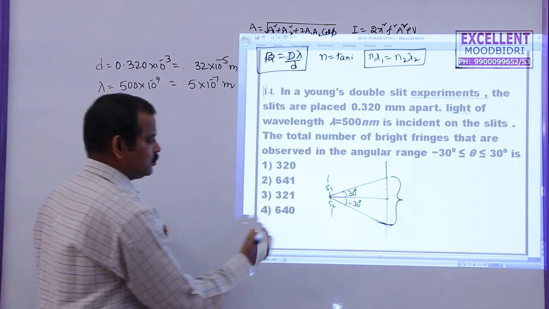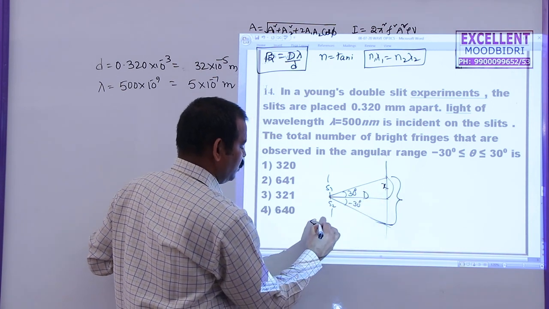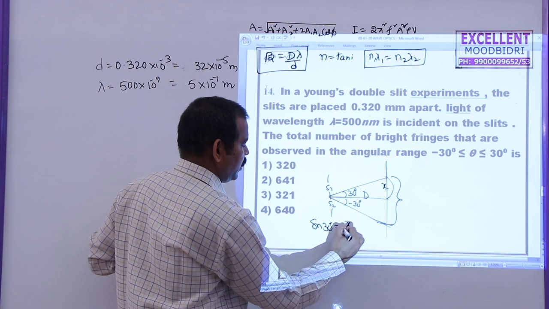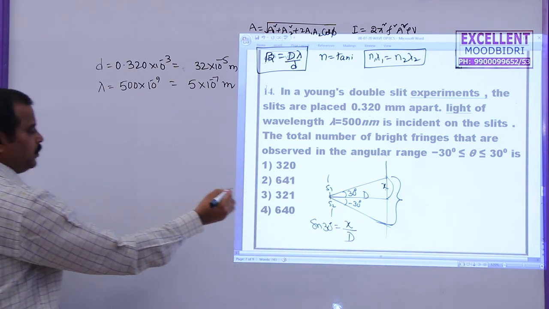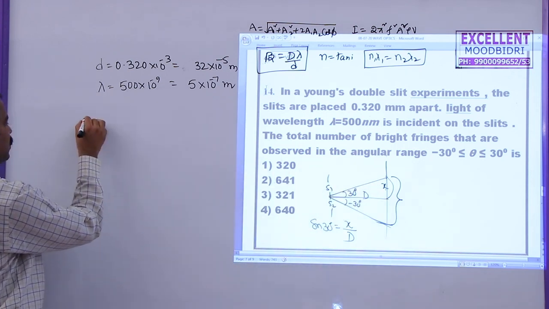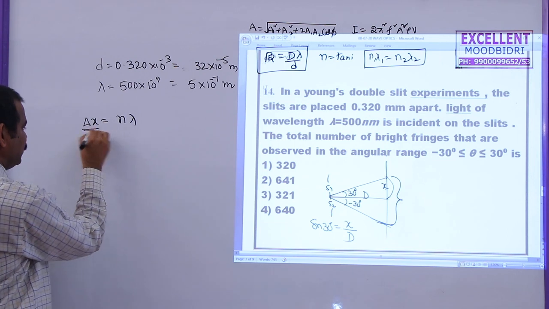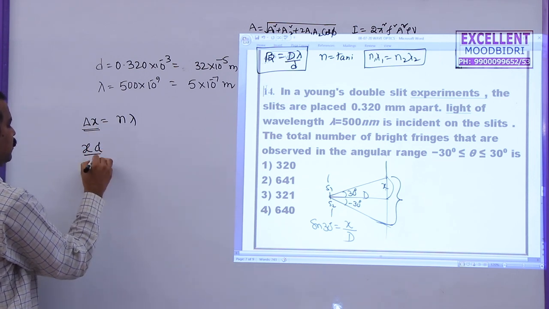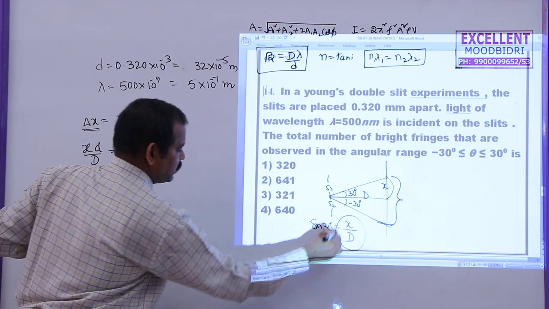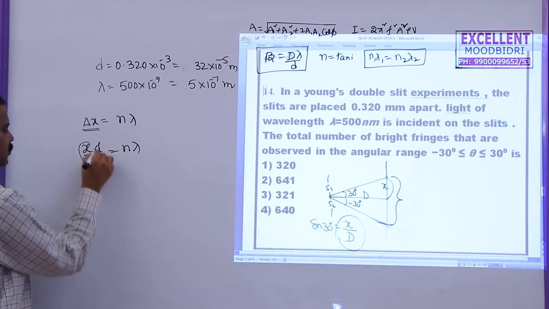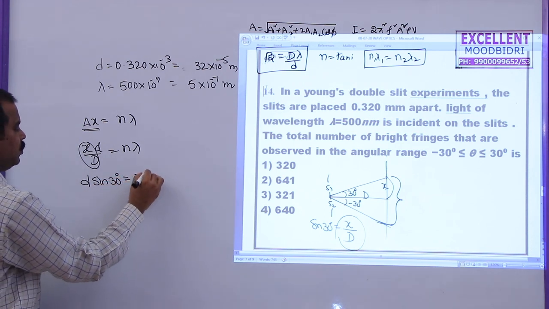Now to find this out, let this distance be x and this capital D. We know sin 30 is equal to x by capital D. What is the path difference for the bright fringes to be formed here? We know delta x is equal to n lambda. What is delta x? x small d by capital D is equal to n lambda. What is x by D? That is sin 30. So d sin 30 degrees is equal to n lambda.